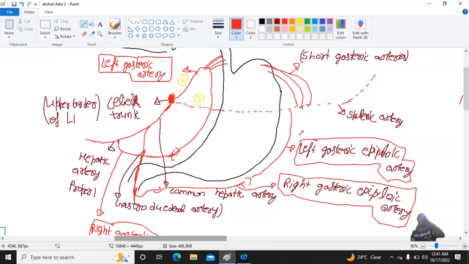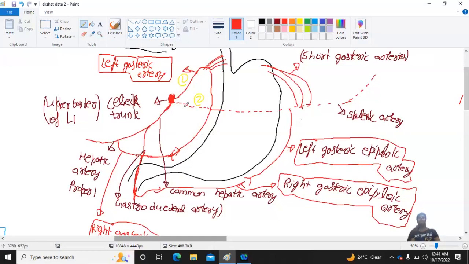These four arteries are very important, which are branches of the celiac trunk. Basically, the first branch of the celiac trunk is the left gastric artery, which covers the lesser curvature from the left side and descends down, giving branches to both the anterior and posterior sides.